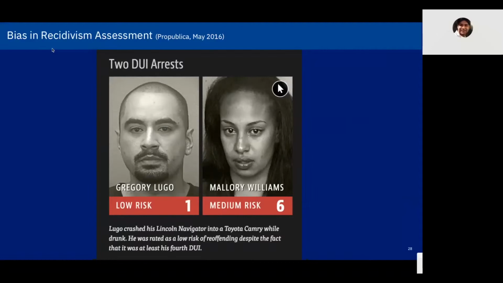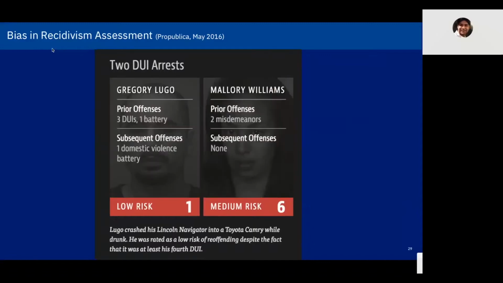And Lugo had crashed his car into a Toyota Camry while drunk. So this is a case of DUI, and Mallory was rated as high risk. Now, she only had two misdemeanors, and after that she did nothing. But Lugo actually went on to be arrested for domestic violence.